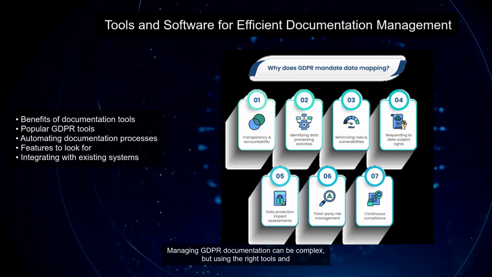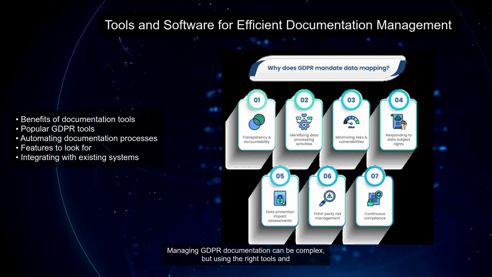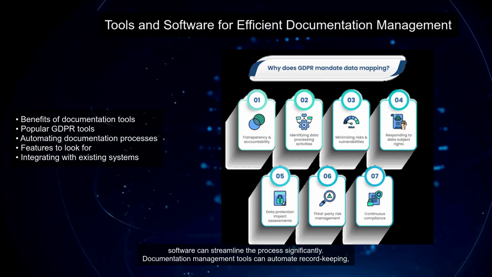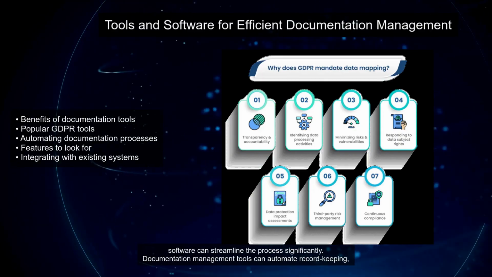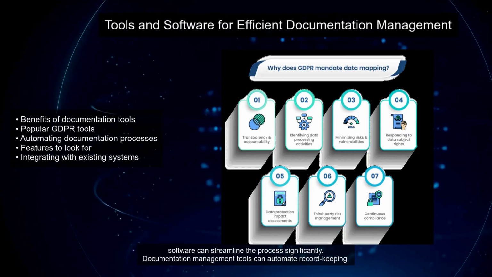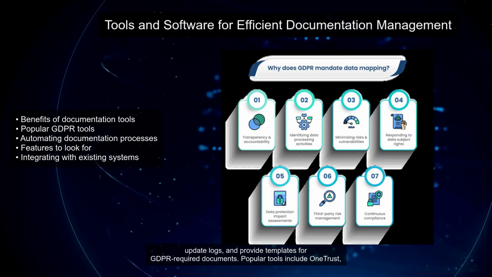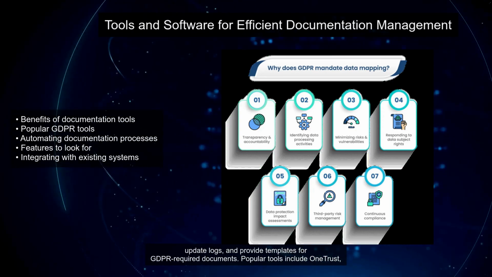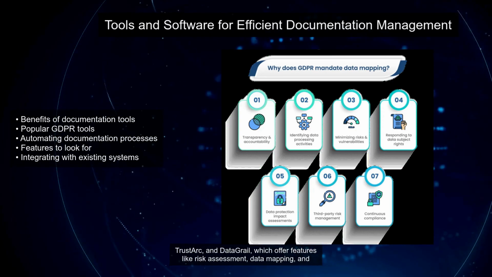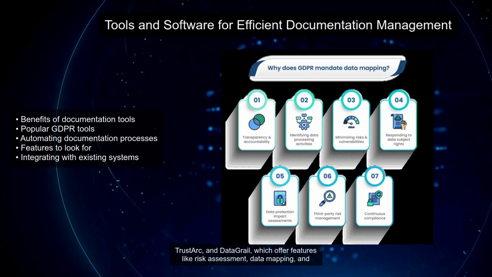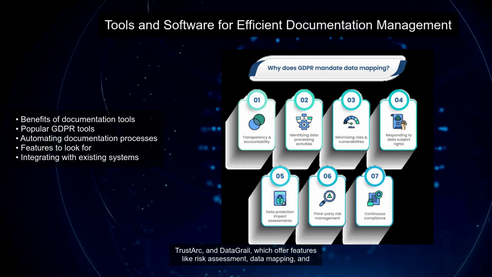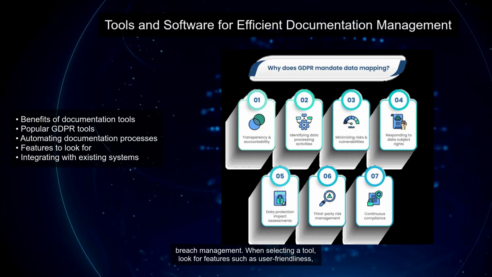Managing GDPR documentation can be complex, but using the right tools and software can streamline the process significantly. Documentation management tools can automate record keeping, update logs, and provide templates for GDPR-required documents. Popular tools include OneTrust, TrustArc, and DataGrail, which offer features like risk assessment, data mapping, and breach management.